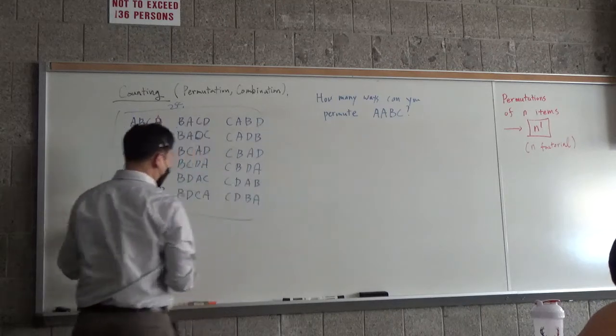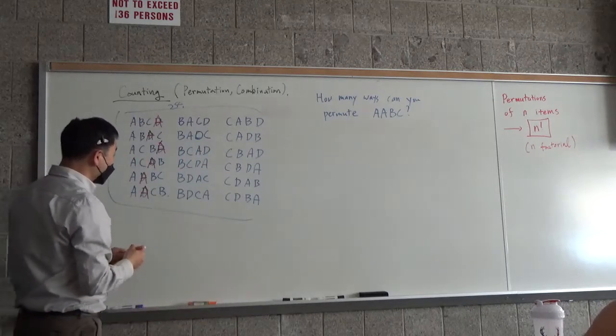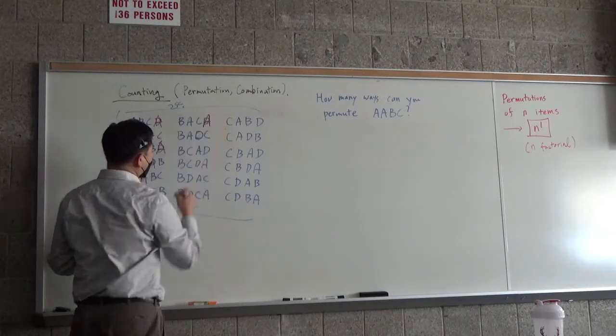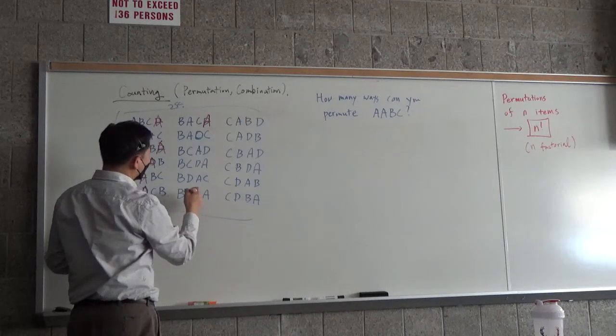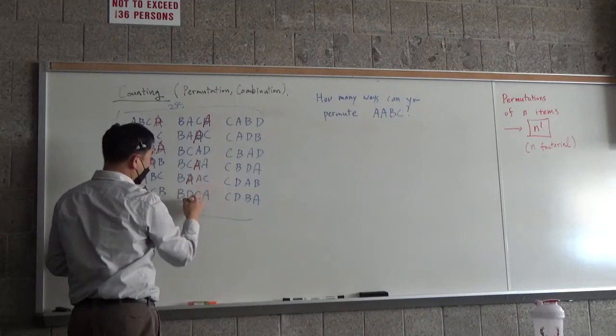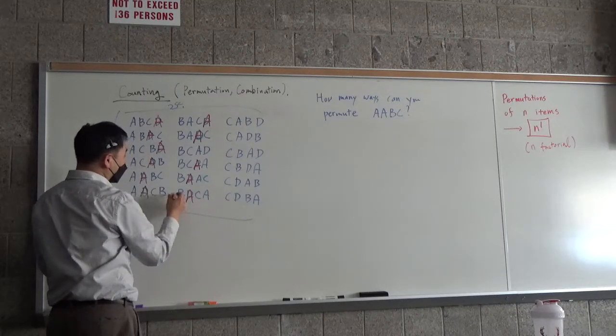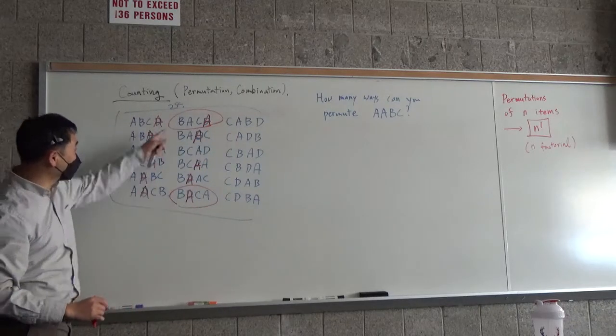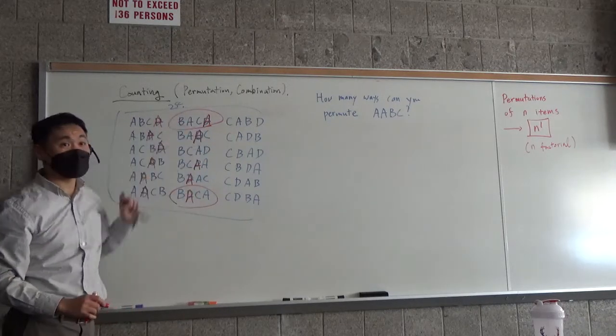Okay, and then I'm not writing that, but look at this one. So if you have like this, and then this one, this one, this one, this one. Okay, so I see that these two are the same, right? They both spell BACA.